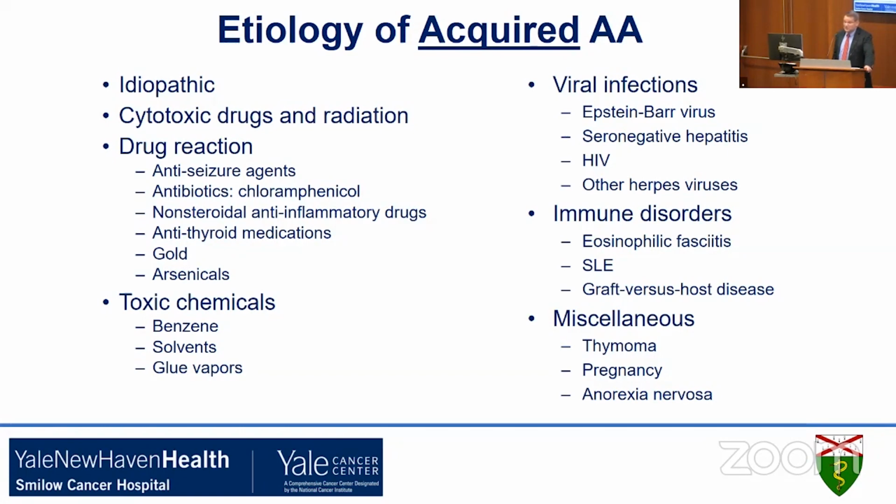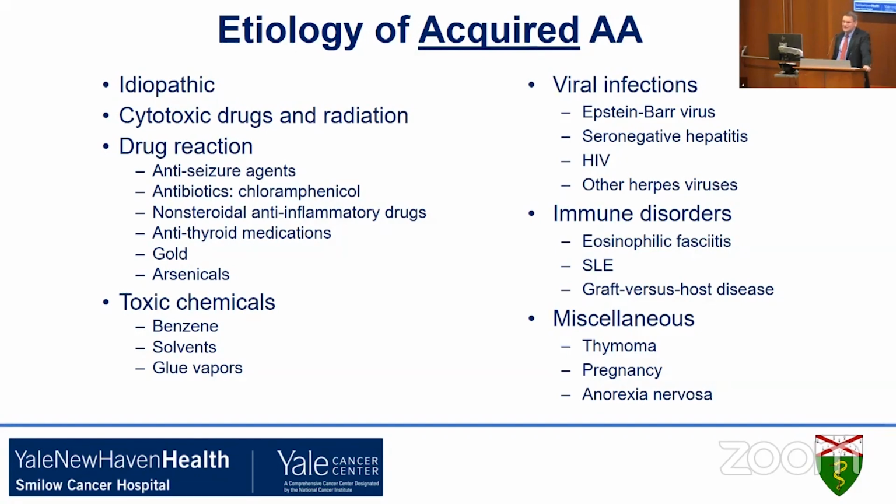There are other types, and we commonly see for patients who are treated for different malignancies with chemotherapy and radiation that they develop aplasia, which is usually transient and related to toxic effects of chemotherapy and radiation to the marrow. Some other medications which are used for different diseases, including antibiotics, anti-seizure medications, anti-thyroid medications, can cause suppression of the marrow. And a lot of times removal of this medication can help to restore marrow function.